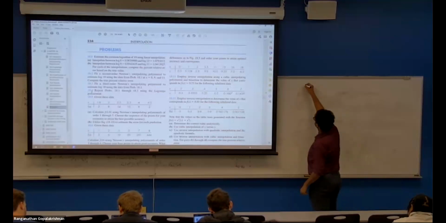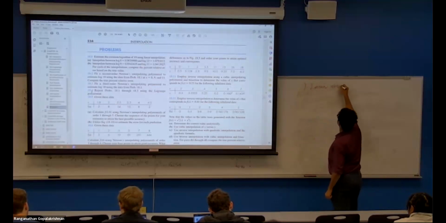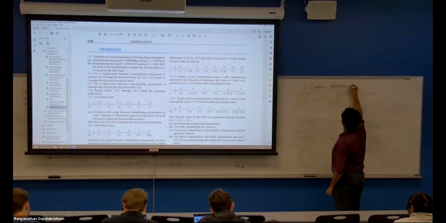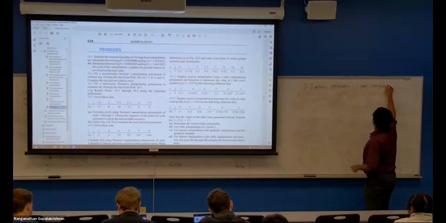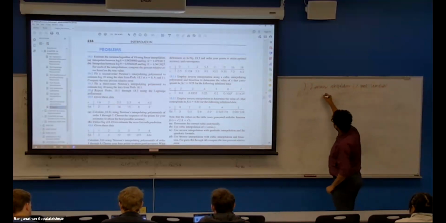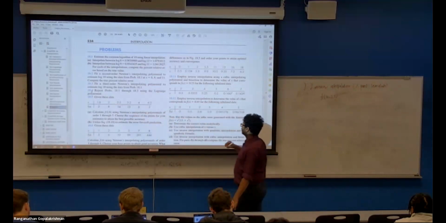So, iteration 1, we are going to use linear interpolation, which involves a 2-point template. In our case, we want to calculate f at x equals 2.8, where 2.8 falls between 2.5 and 3.2.